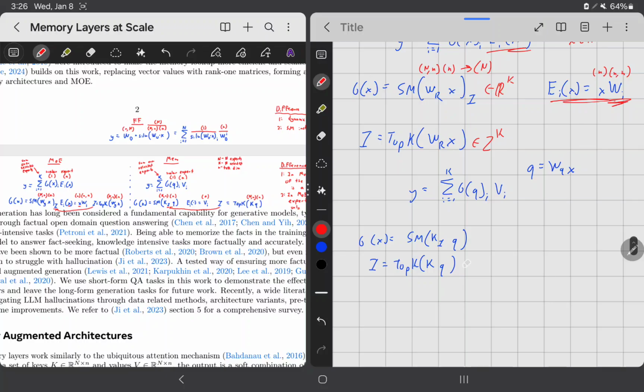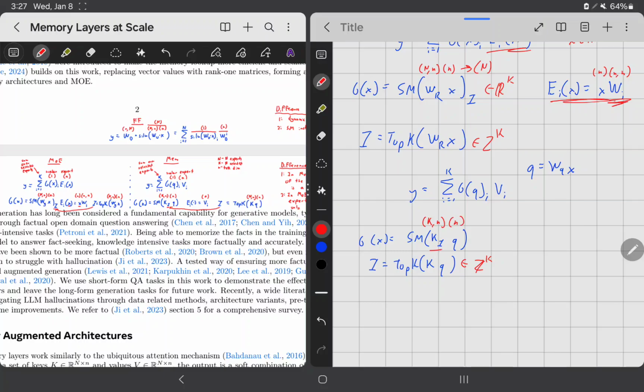This is the exact same, except W_r, our router weight, is K. So very, very similar. And this is in Z^k, so it's just an integer index. And this here is slightly different. Notice how we have the index on the softmax output. Here we have an index on the keys. So this will be of shape k by n, and this will be of shape n.